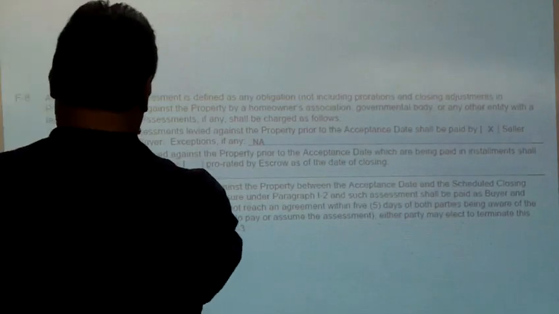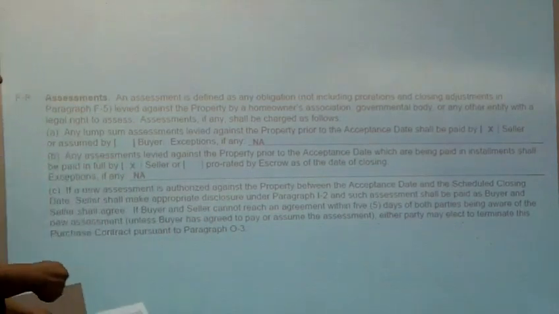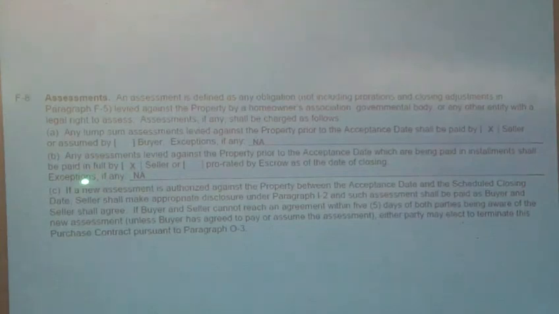F8, assessments. If there are any assessments to a property, then it's handled this way. If there are any lump sum assessments, then you check that the seller is going to be paying it off, or if the buyer is going to assume it. Okay?